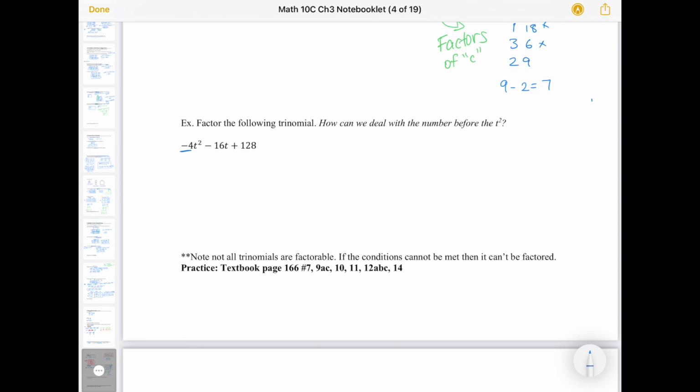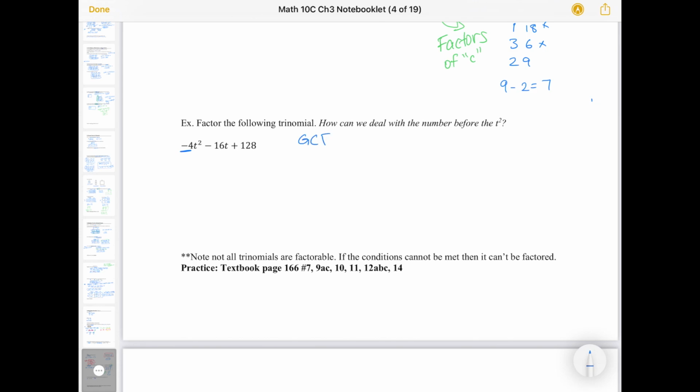But I haven't told you how to deal with this negative 4. And what we're going to do is what you should always try to do, right? Our next session, we're going to talk about what if there's a number there. But in this section, if there's a number there, it'll work each time, but always try it.